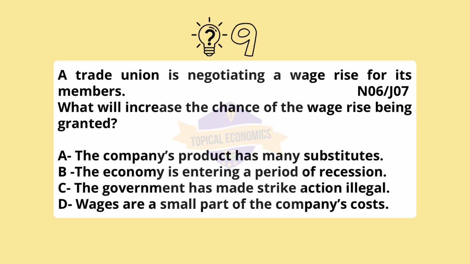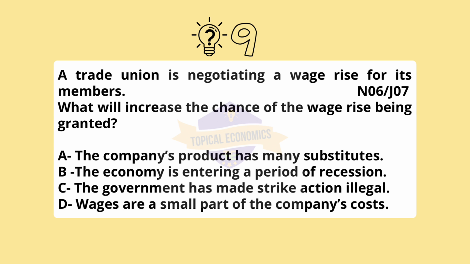So here, this is similar to the question that we saw a few questions ago. Same, if wages are going to represent a small portion of the total costs, then employers will be more likely to approve wage increases without significantly impacting their financial stability.